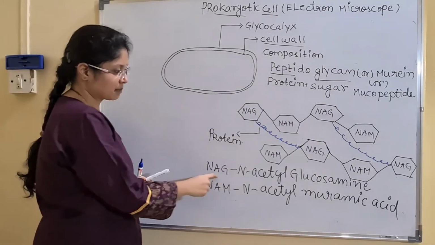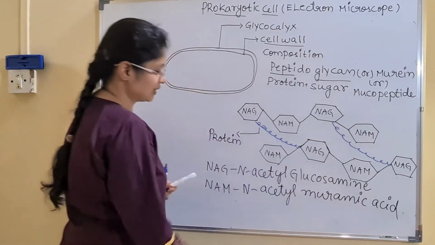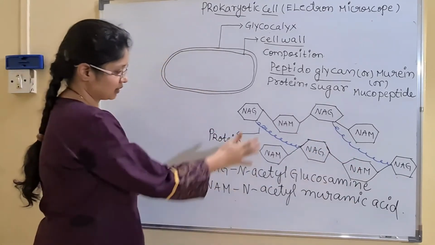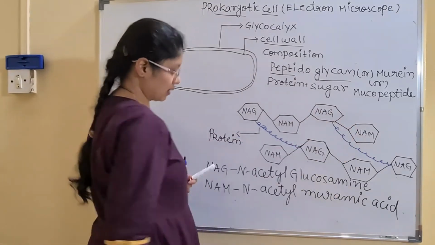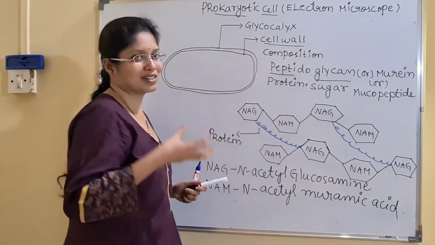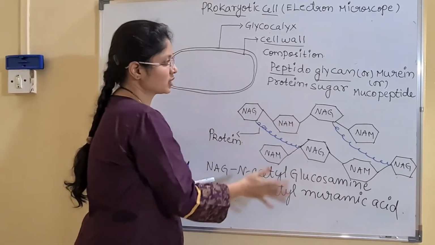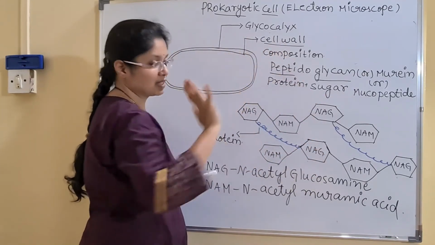NAG means N-acetylglucosamine and NAM means N-acetylmuramic acid. They are in turn bonded with the peptide bonds, that is, protein chains, and this is the structure of the peptidoglycan. It is not required for you to understand what is NAG, what is NAM, but you understand that there are monomers made up of proteins and sugar. This is the composition of the cell wall.